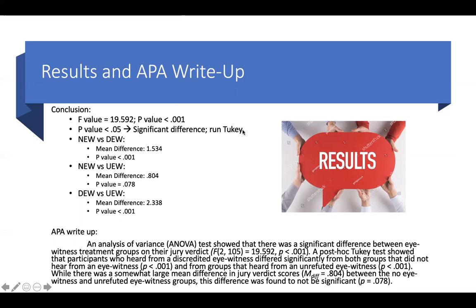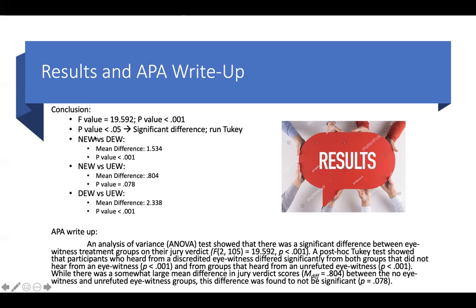Now, you really shouldn't run the post hoc test if the differences aren't significant, because you don't really need to know the differences between the groups. However, if on Tuesday we find out that our results aren't significant, we're still going to run the post hoc test because it's still important for you guys to learn it. But you don't have to run it if you don't find significant results, but you do have to run it if you do find significant results. I'll go over that more in person.